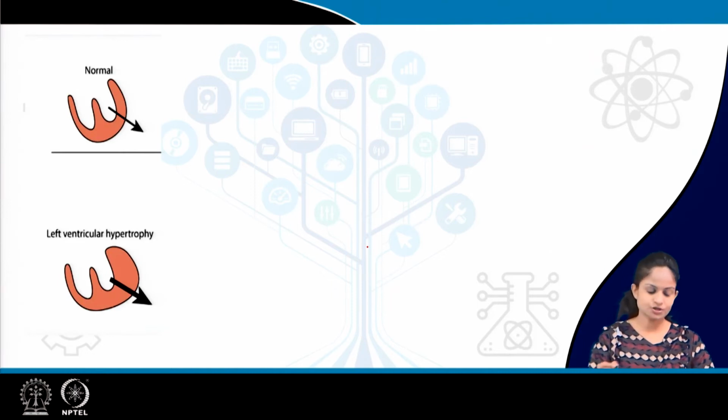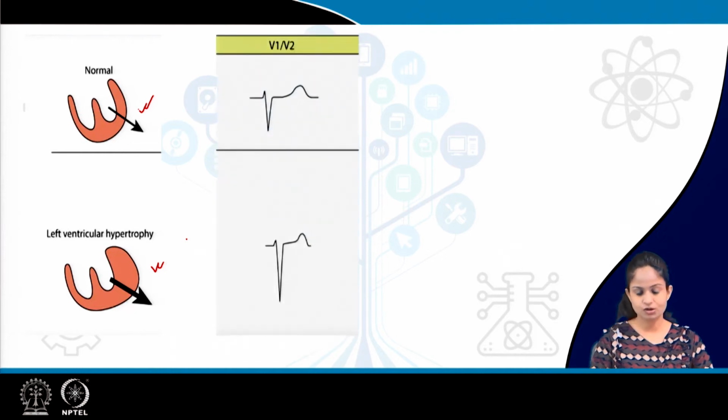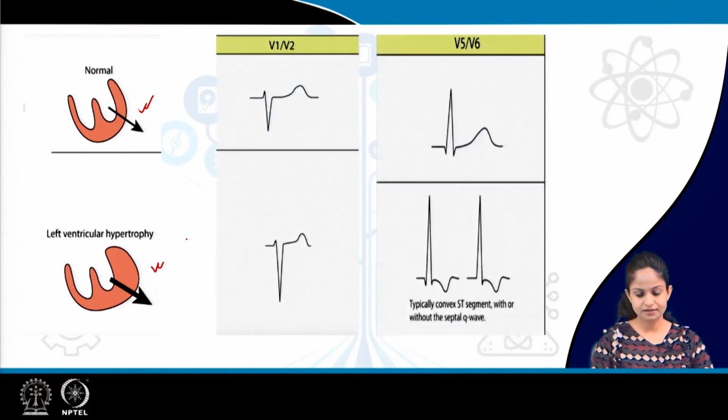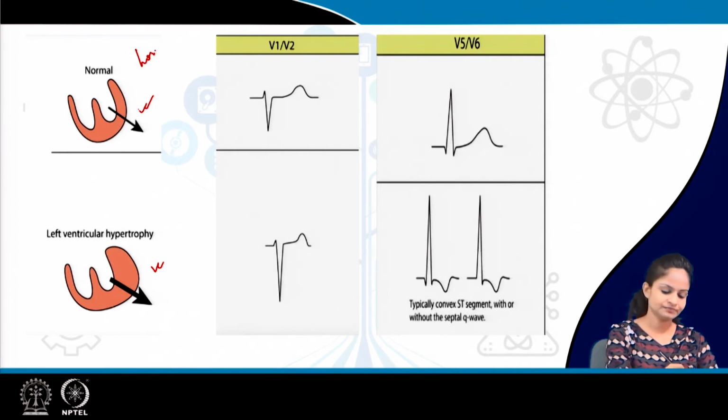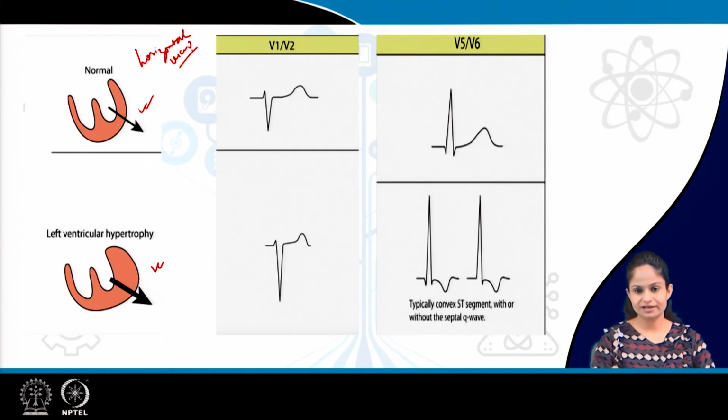This is the normal ECG, where this is the direction of the vector during normal depolarization. The same direction of the vector will also occur in left ventricular hypertrophy, only the vector will be very strong. Usually the ventricular mass is seen in leads V1 or V2 and V5, V6, mainly from the horizontal view.